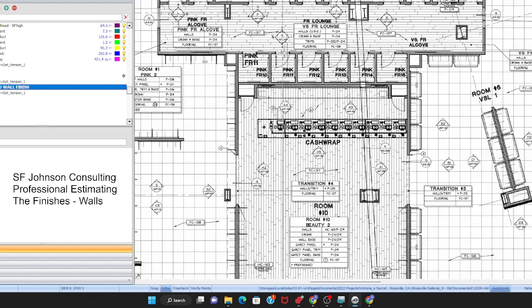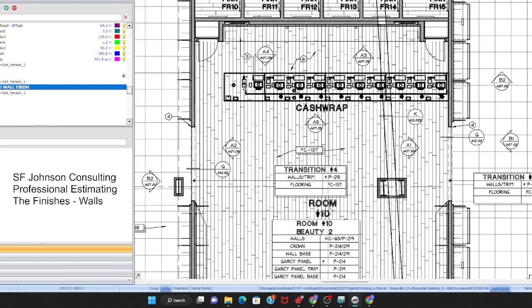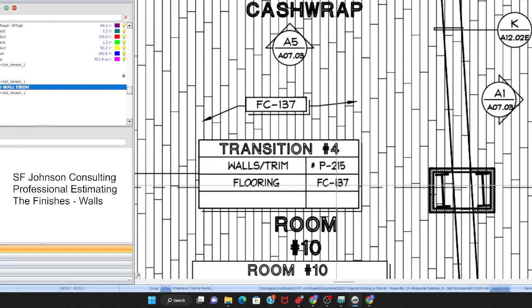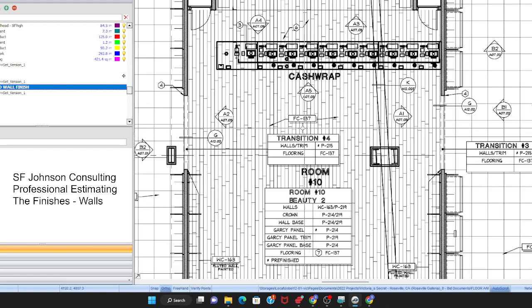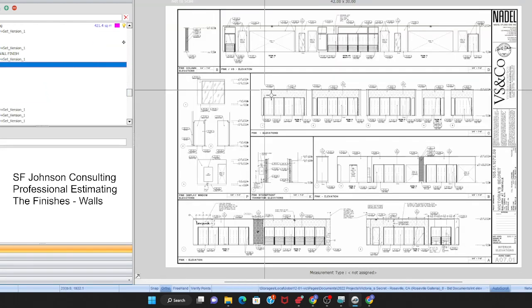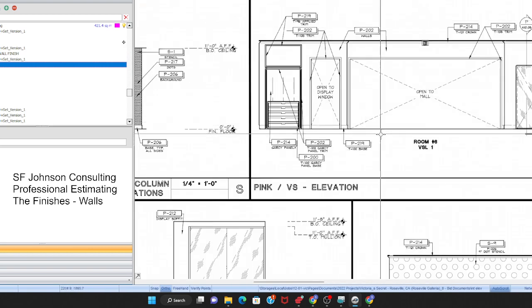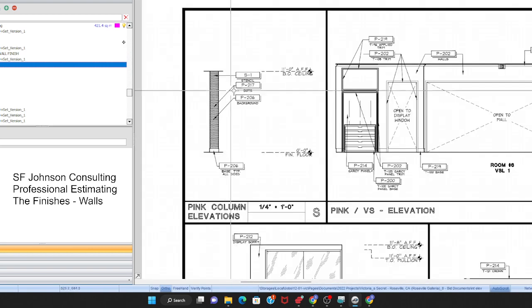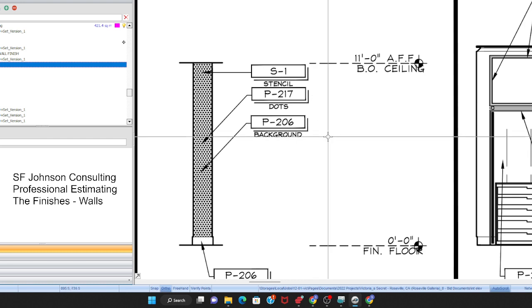My approach is I'm going to do all the paint first, so I'm going to look at this finish plan and see pretty much what walls are painted within the whole thing. And then at that point you just need to go to all of your interior elevations and look for P dots. Wow, we've got polka dots.